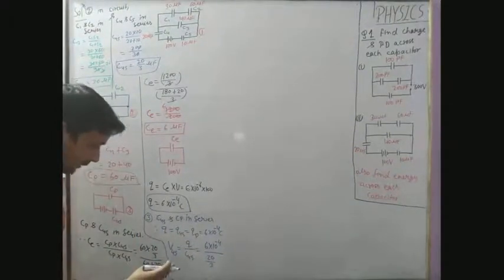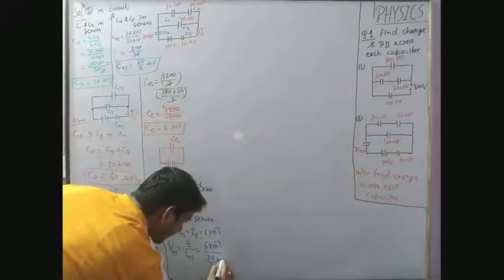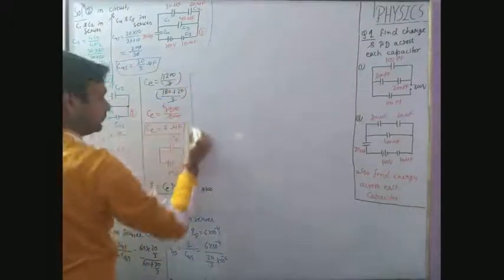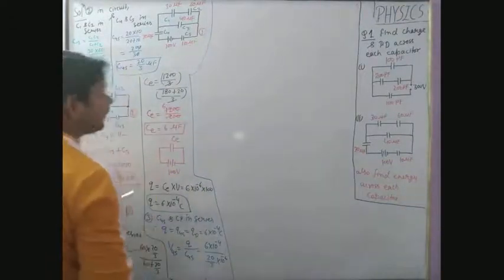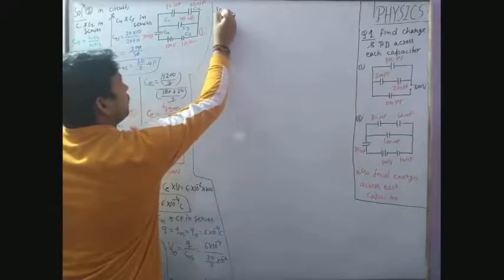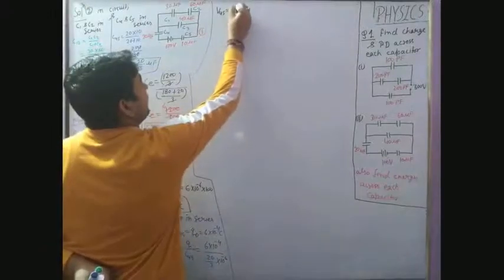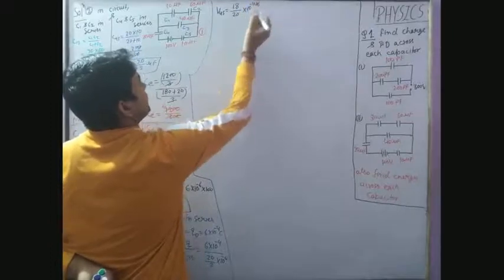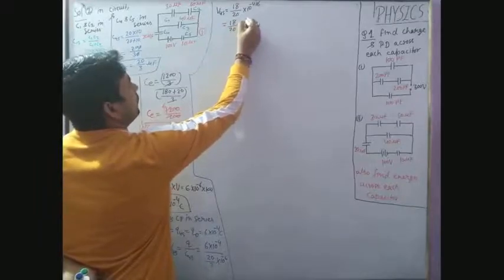Now value of this is microfarad, which means 10 to the power minus 6, okay. Now we just solve this value. V45 is equal to 6 into 3, 18 by 20 into 10 to the power minus 4 plus 6, that is 18 by 20 into 100.